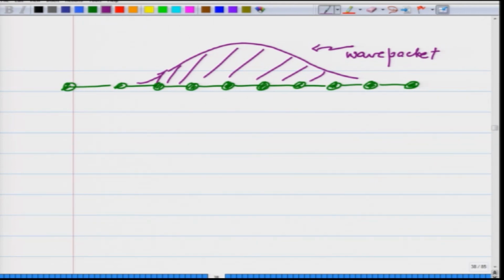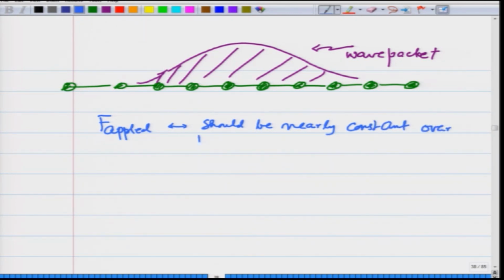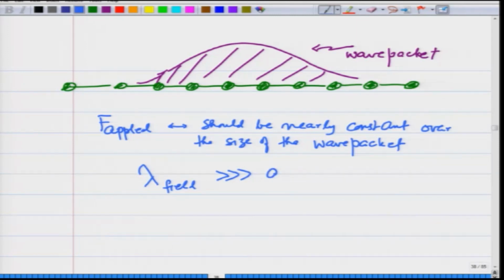And when I apply a field F applied to study the dynamics, it should not be changing over the wave packet. So, F should be nearly constant over the size of the wave packet, and that means the wavelength lambda of the field or the force should be much larger than a.